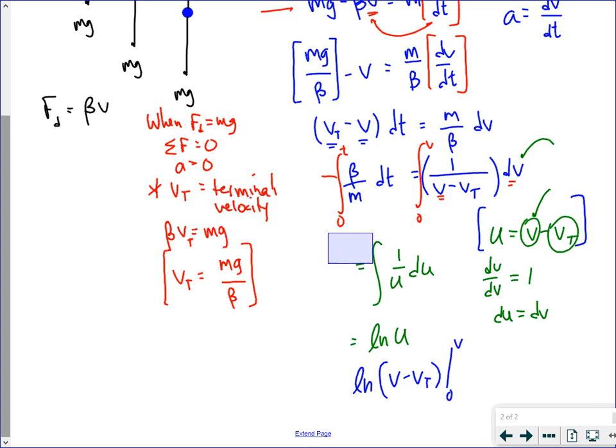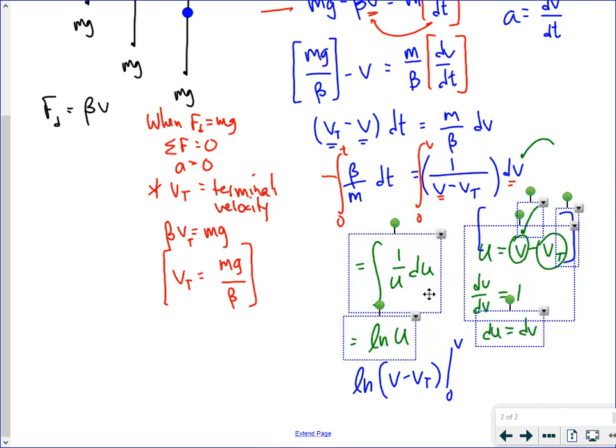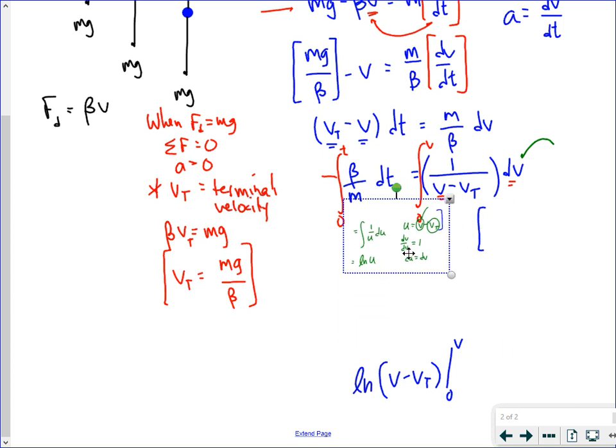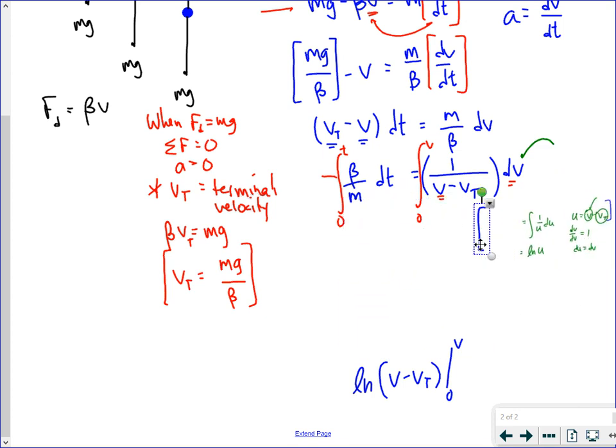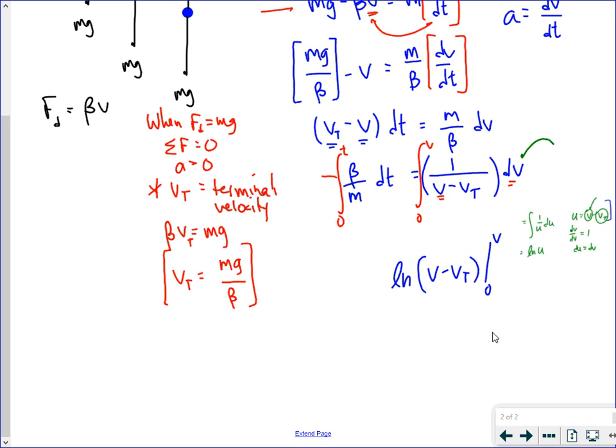Now this stuff I'm just going to take and sort of move off to the side a little bit. So there's our right side. Our left side's easy. We're doing negative b over m times t.